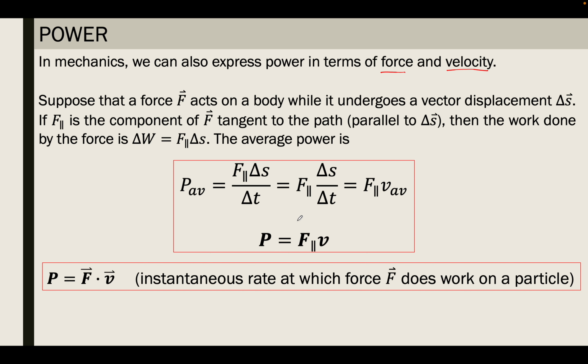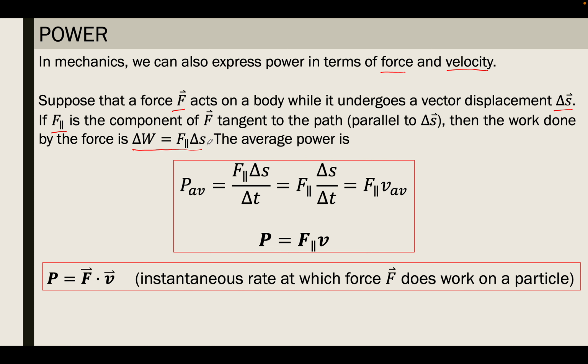Suppose that a force F acts on a body while it undergoes a vector displacement delta S. If the parallel force is the component of the force vector F tangent to the path, or parallel to delta S, then the work done by the force is: change in work is equal to the parallel force times the change in displacement.